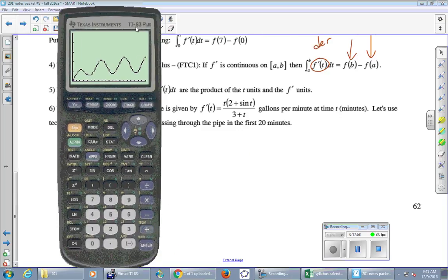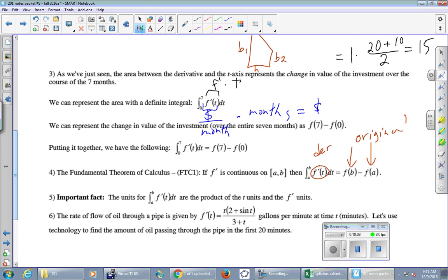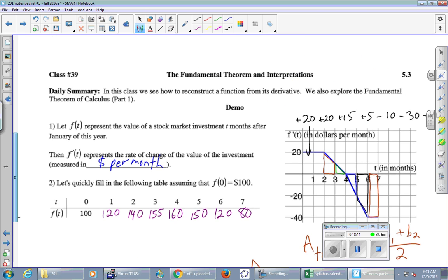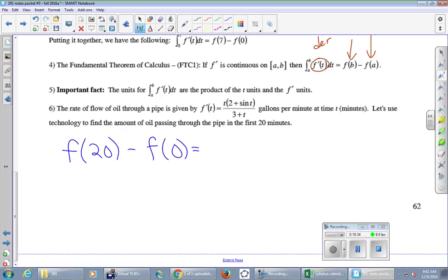What we have seen is that if we want the actual amount of oil that flows through this pipe between 0 and 20, let's write this down here. Okay, what I really want to know is how much is the amount of oil that flowed through at the end minus the amount of oil at the start.